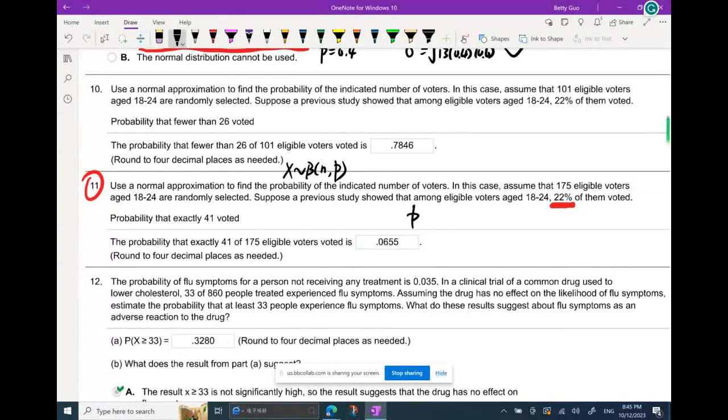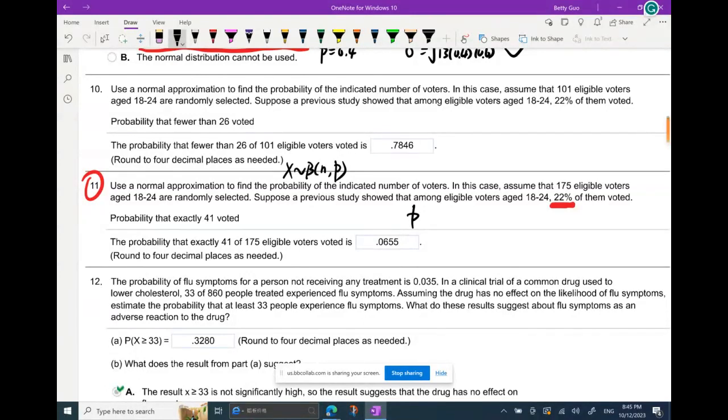You randomly pick a voter and ask him the question, right? What is the question about? Oh, okay, sorry. You randomly pick an eligible voter.